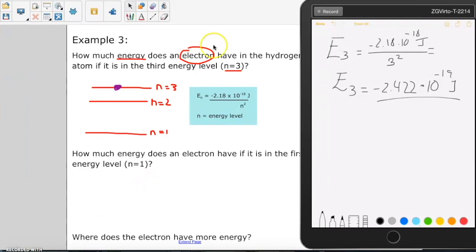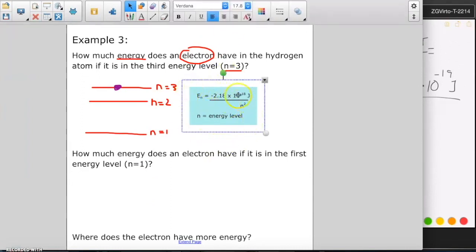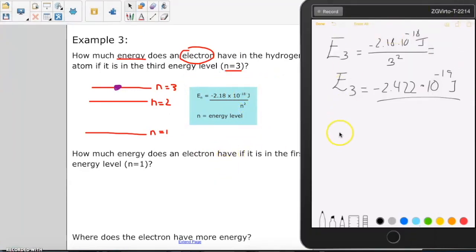Now the next question. How much energy does the electron have if it is in the first energy level? We're going to be using the same equation and apply exactly the same formula. So if we want to calculate the energy when we are in level 1, we will have to divide 2.18 times 10 to the minus 18 joules over 1 squared.